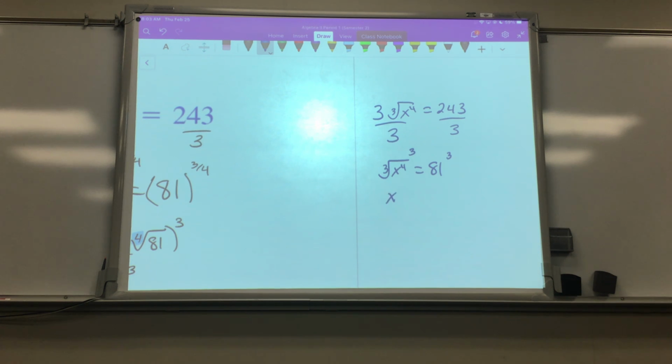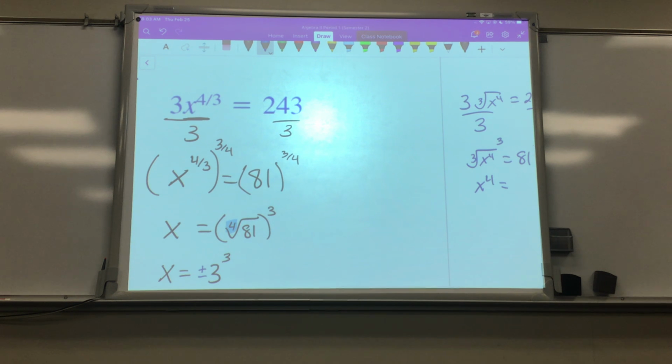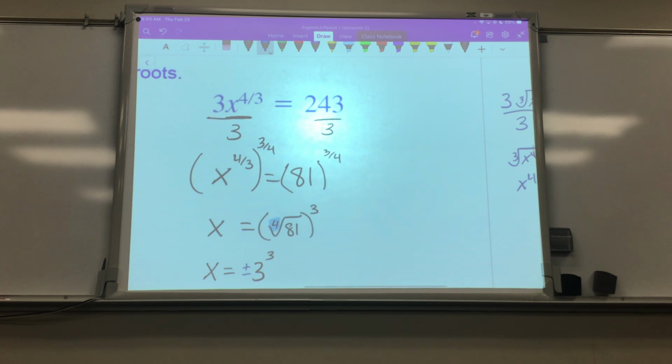Then you're going to get x to the 4th equals a very large number. So you can go that road. It's going to be harder though, right? And let's not even go that route. If it's in exponential form, try to keep it that way.